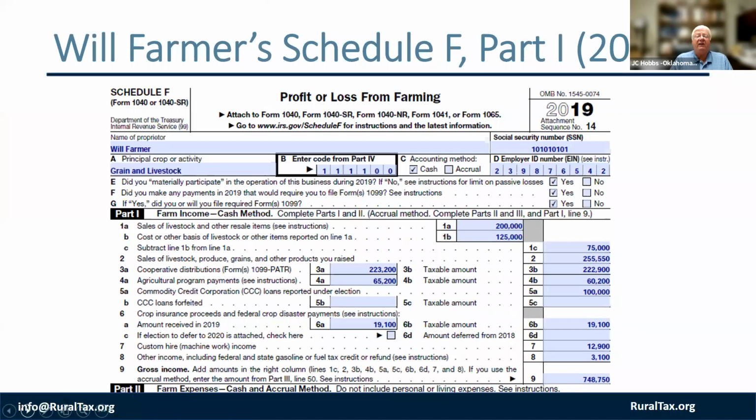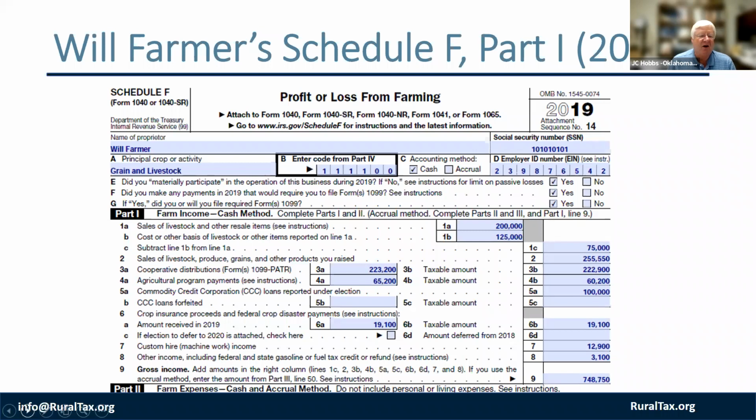Let's get into some of the details. We're going to get into the weeds really deep here. So here's Will Farmer's Schedule F. This is part 1 for 2019. Again, remember, this is a place to start, but more than likely we're going to need to get into some records. Also remember, PARP is a revenue-based program, so we're not looking at expenses.